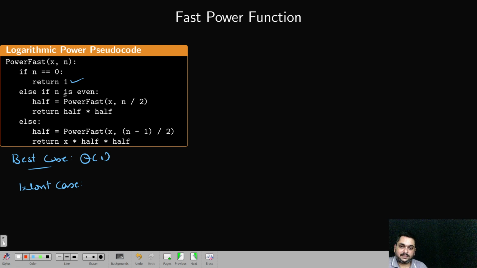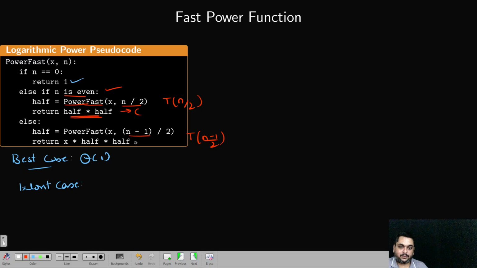So what it is doing, else if n is even, half equal to, you're calling it by dividing n. So this is nothing but T n by 2, when n is even. When n is odd, again you are doing it as T n minus 1 by 2. This is what you are doing. Then it has a constant value.